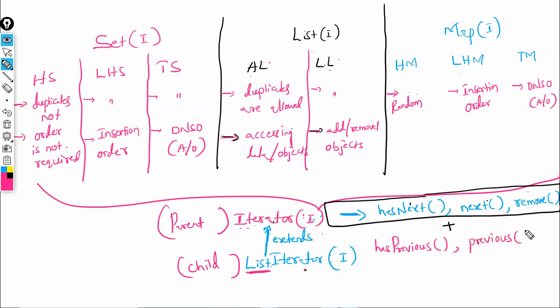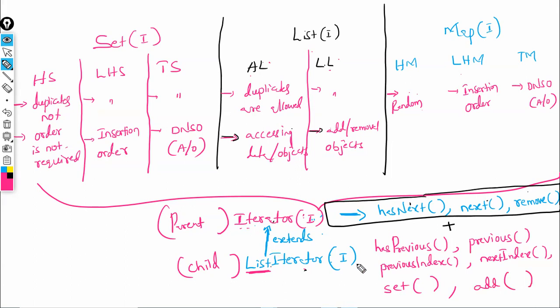Next, previousIndex, with I capital, camel casing standards, and nextIndex is one more method, and then followed by set, which sets one object at a particular index position. Yeah, at second position add this object. Therefore, the remaining will shift forward, and at the same time we can add one element at a particular index position also.